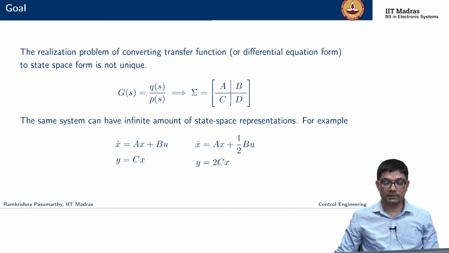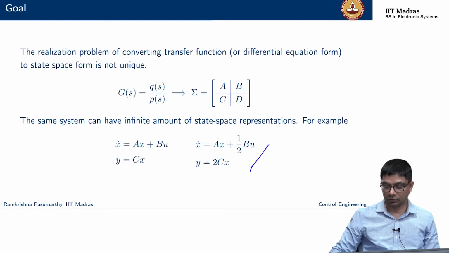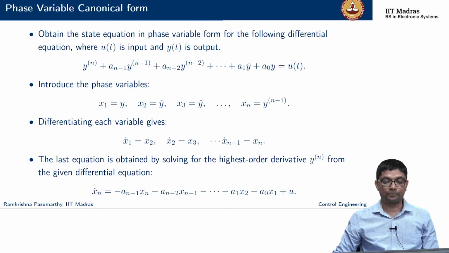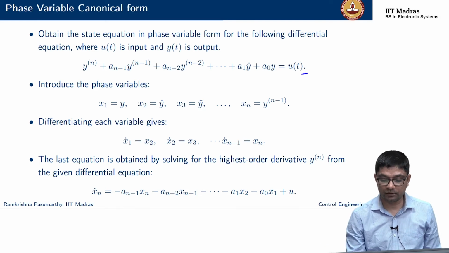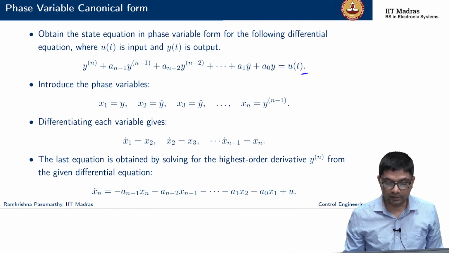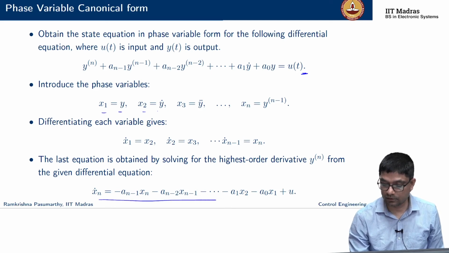So one of them, for example this very simplistically looking one, both will give me the same transfer function. Okay, so we started off with a differential equation of this form. I'll quickly go through this. We called x1 as y, x2 as y dot, and so on, and obtained an equation which looked like this.